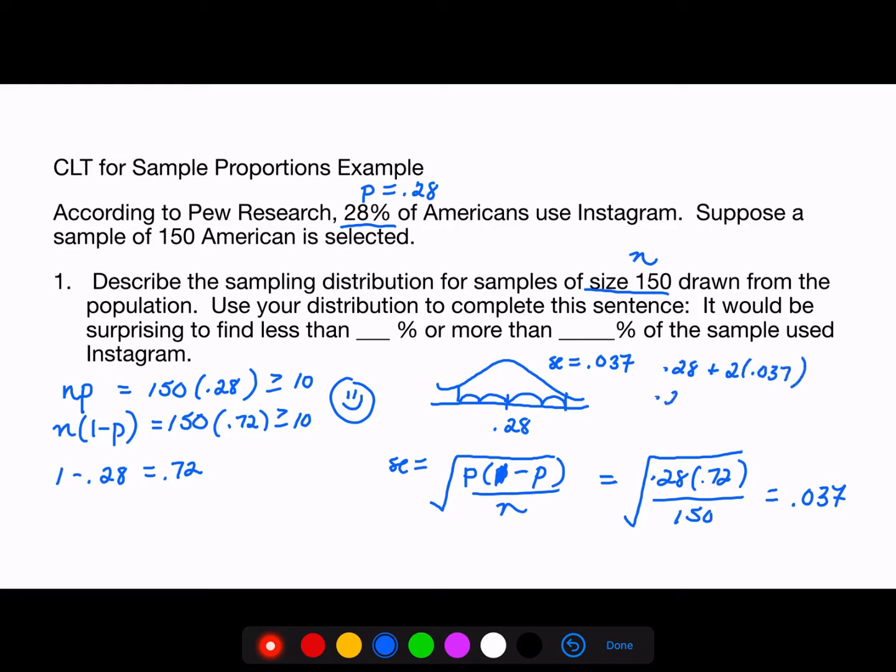And then we would take 0.28 and subtract 2 standard errors, and that would give us the values beyond which we would say sample proportions were unusual. So on the high end, we would get 0.317 or 31.7%, and on the low end, we would get 0.243 or 24.3%.